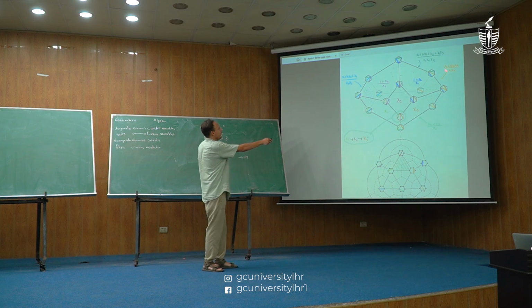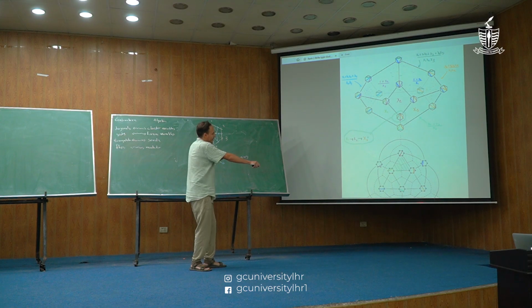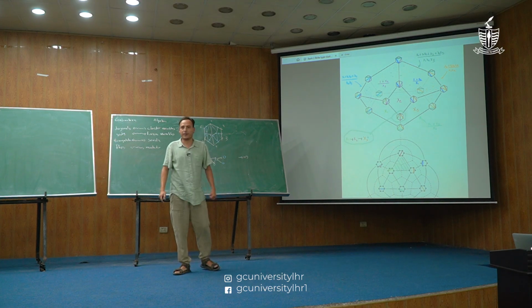I have different colors. I know that the red arc corresponds to this red cluster variable x2, this green corresponds to x1, this golden to the x3. So this simplex corresponds to the initial cluster. And then just by colors, you can see which cluster variables are compatible with each other, and so on and so forth. Okay?